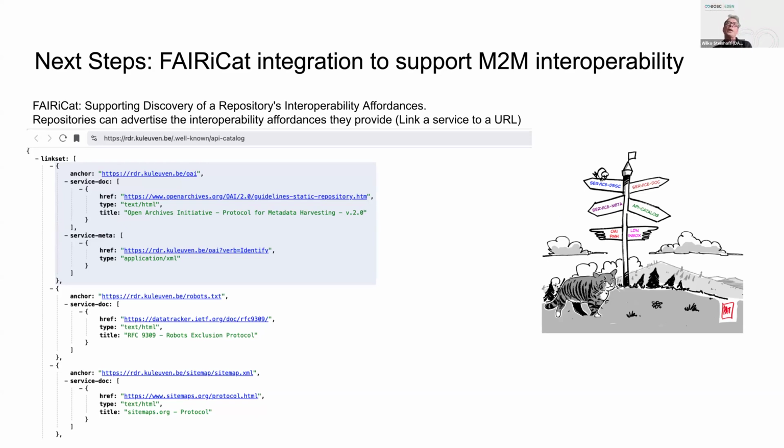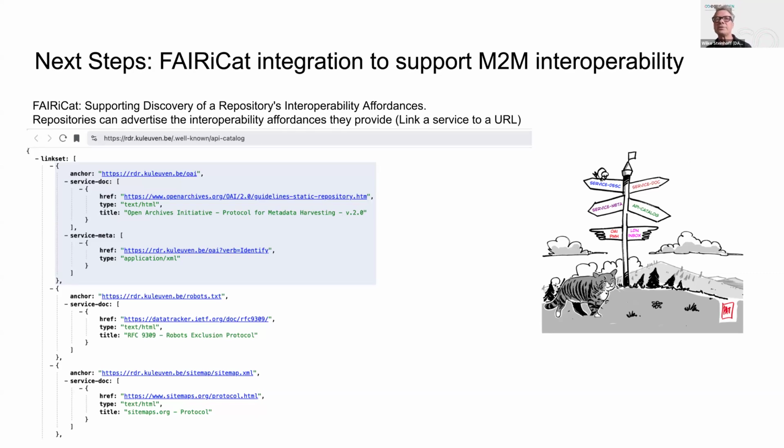Here I have an example of a link set. This is where all the properties are being published, and it gives you an anchor, which is the actual endpoint for machines. So you know, okay, I can go to that URL and then I find the service that is listed there.